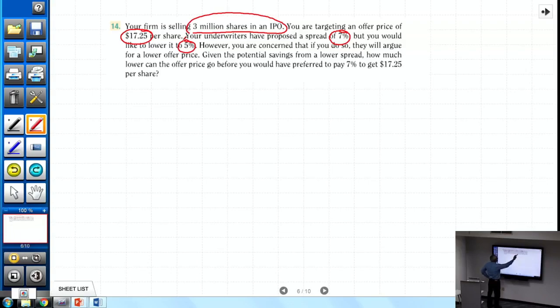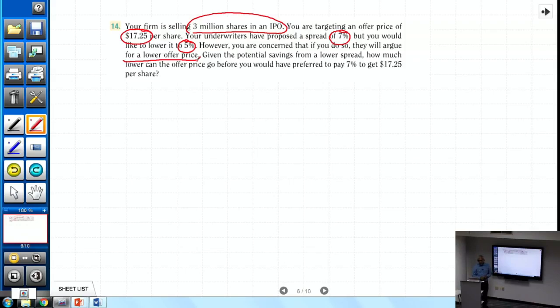However, you are concerned that if you do so, they will argue for a lower offer price. Given the potential from a lower spread, how much lower can the offer price go before you would have preferred to pay the 7% to get $17.25? So what's the trade-off? This is a trade-off between lowering the spread versus lowering the price of the IPO offer.